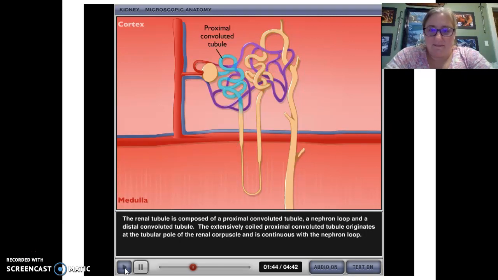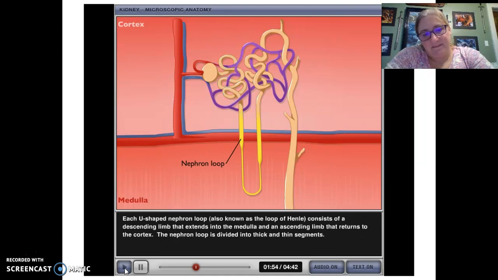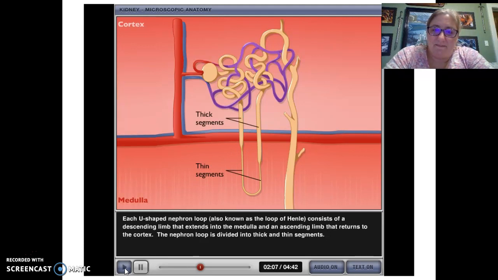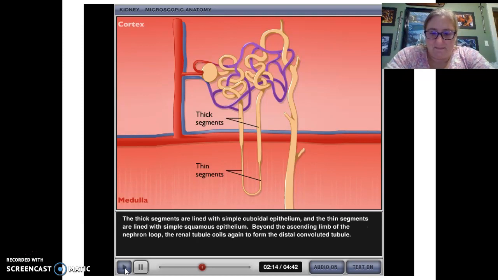The extensively coiled proximal convoluted tubule originates at the tubular pole of the renal corpuscle and is continuous with the nephron loop. Each U-shaped nephron loop, also known as the loop of Henle, consists of a descending limb that extends into the medulla and an ascending limb that returns to the cortex. The nephron loop is divided into thick and thin segments. The thick segments are lined with simple cuboidal epithelium, and the thin segments are lined with simple squamous epithelium.